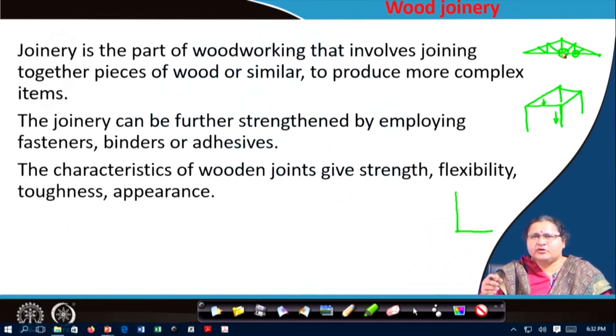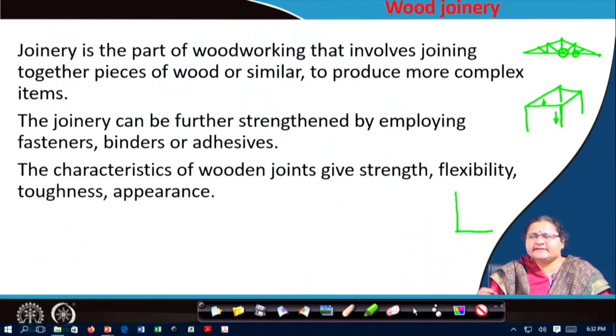So you can loosen it and take it out. You can refix it. If you eventually have a rotten wooden member, you can replace it. So this joinery has a beautiful way of adding wood one after the other to make a complex item, and you can replace individual members if required.